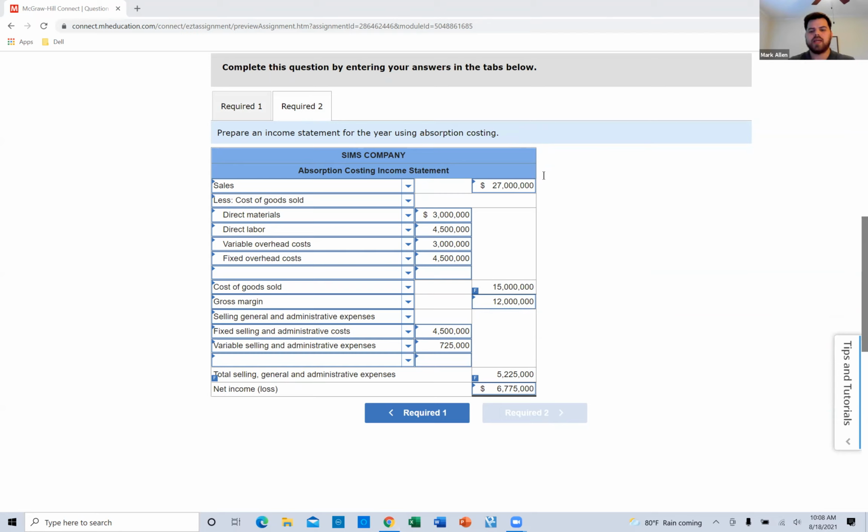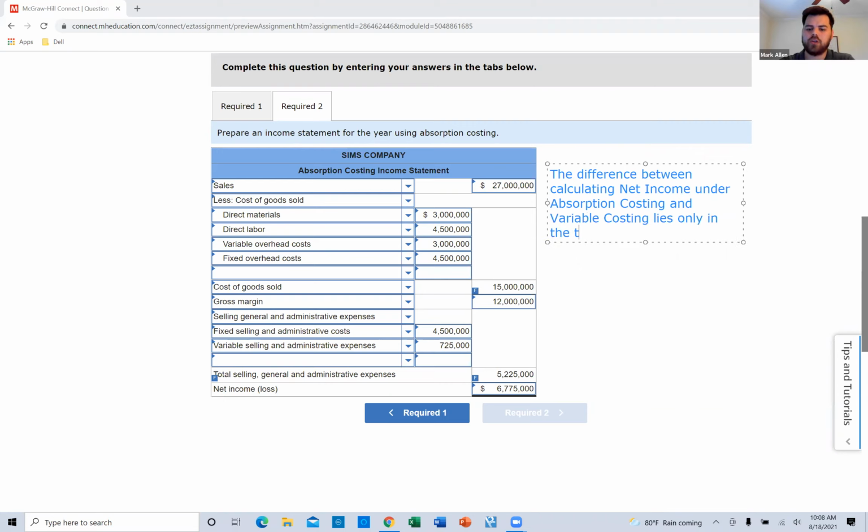The difference between calculating net income under absorption costing and variable costing lies only in the treatment of fixed overhead. That is the only difference, how we treat that fixed overhead.